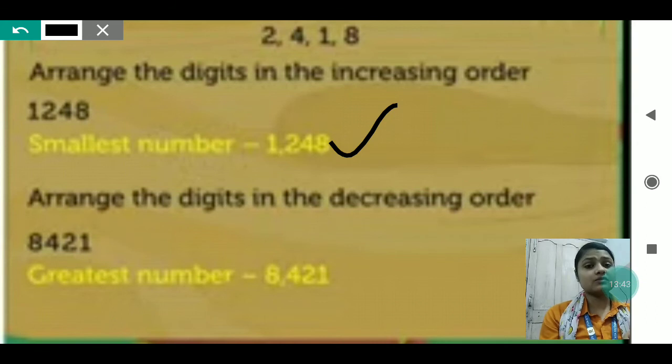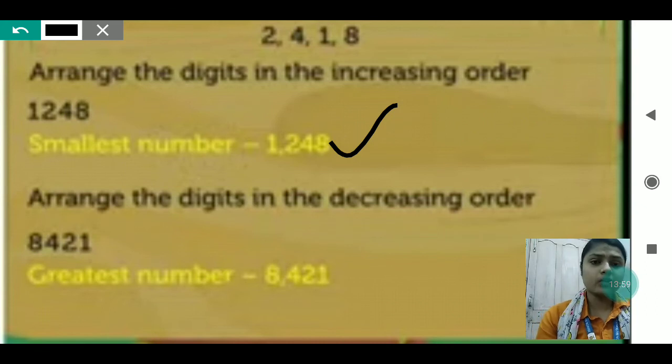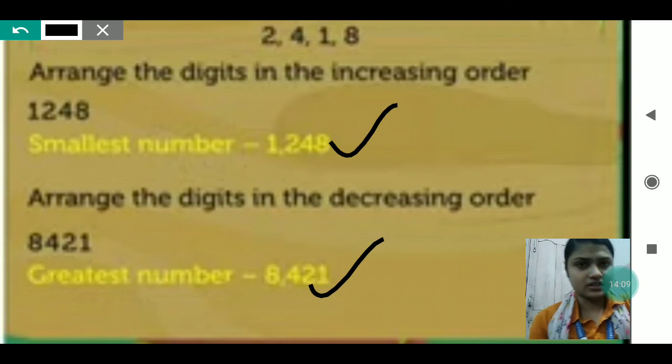Then it will form the smallest 4-digit number, that is 1248. And when you have to form the greatest number with the same digits, you will write the digits in decreasing order from the largest to the smallest, that is 8421. This is the greatest number we are forming with these 4 digits, and that was the smallest number.